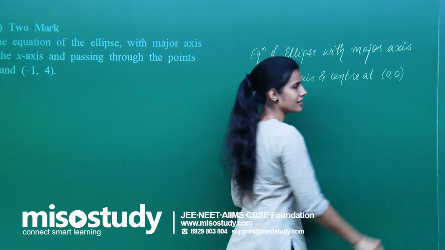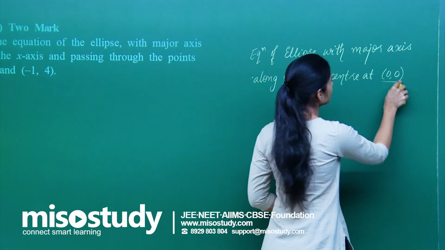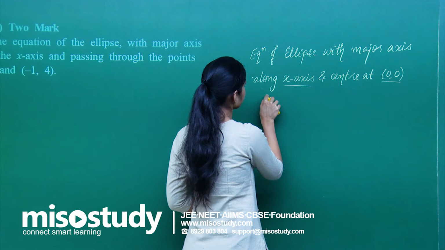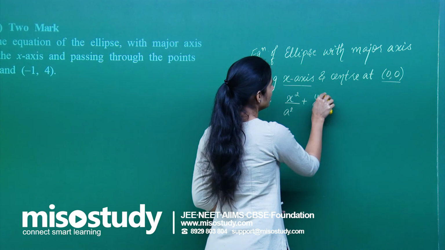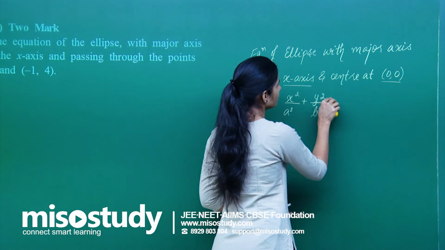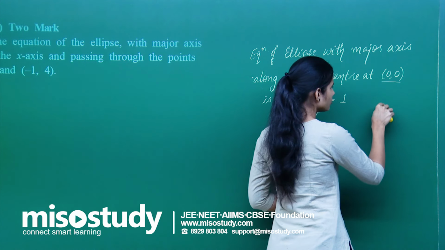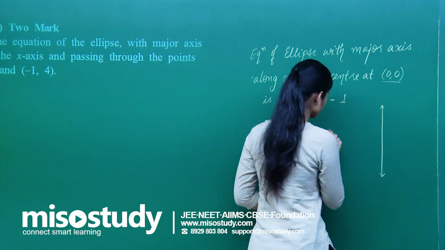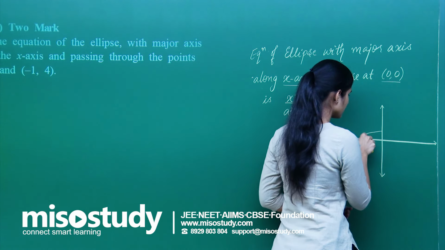We are talking about standard equations only. So if the major axis is along x-axis and the center is at origin, it is given by x square by a square plus y square by b square equals 1. Basically the ellipse in that situation looks like what?